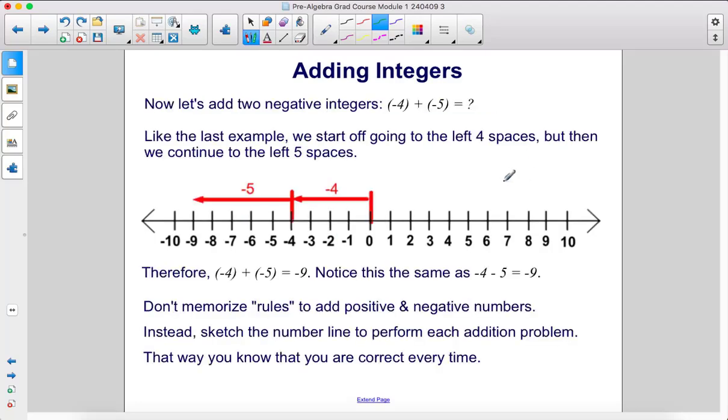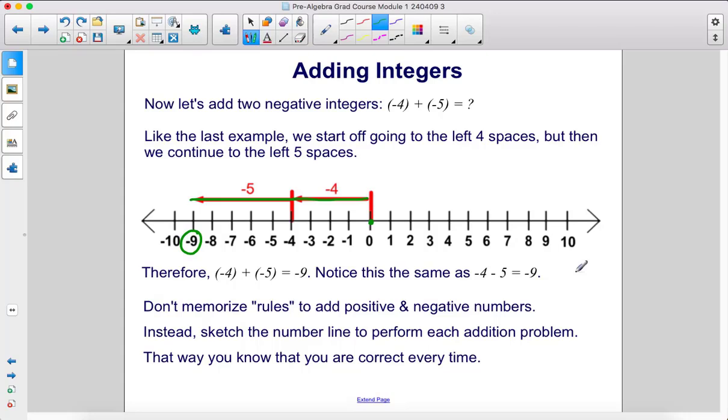Now let's add two negative integers, negative 4 plus negative 5. Like in the last example, we start at 0, we move to the left 4. We have negative 4. Then we continue to the left 5 more spaces. And we end up at negative 9.